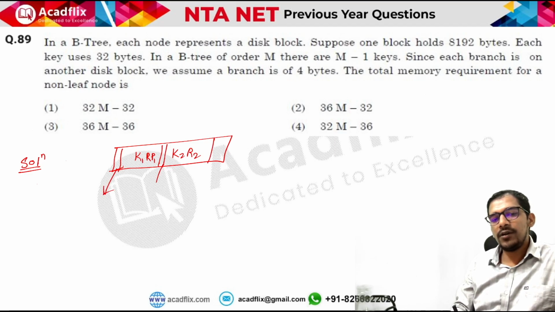If you have two keys, then there will be three record pointers and three block pointers. That is called the order of the tree. Order means the maximum number of child pointers we can have in a tree.